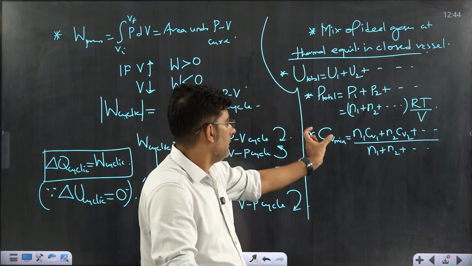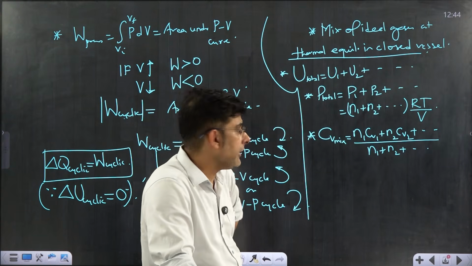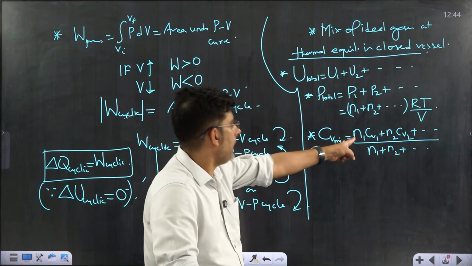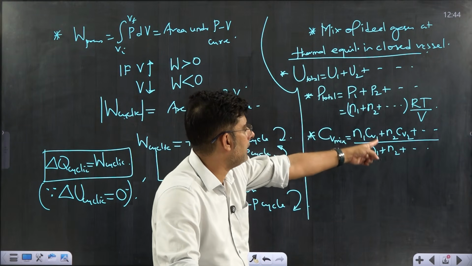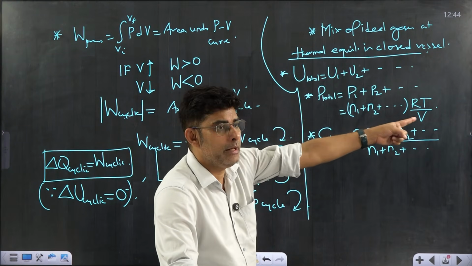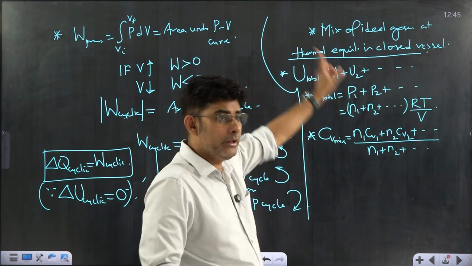This is that part. Cv mixture is known. Similarly, sometimes they will ask you specific heat capacity of the mixture. You will use N1 becoming M1, mass: M1 S1 plus M2 S2 plus M3 S3 and so on, by M1 plus M2 plus M3 and so on. That will be specific heat.